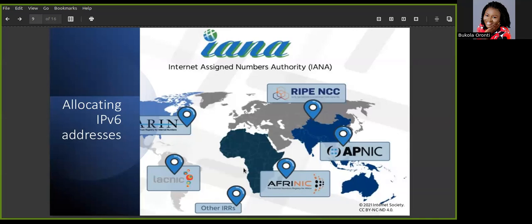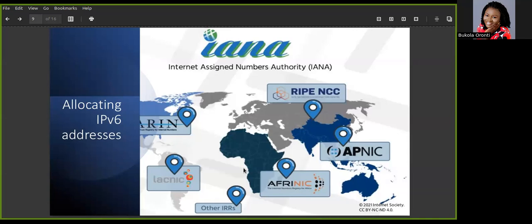What you do is, maybe through your ISP, the ISP reaches out to the registry known as the RIR, the regional internet registry that handles IP addresses for your continent.